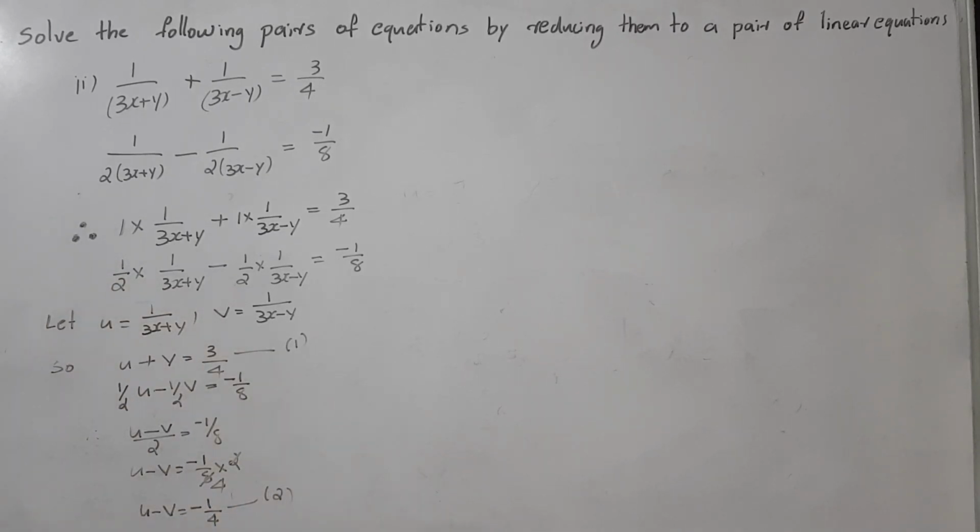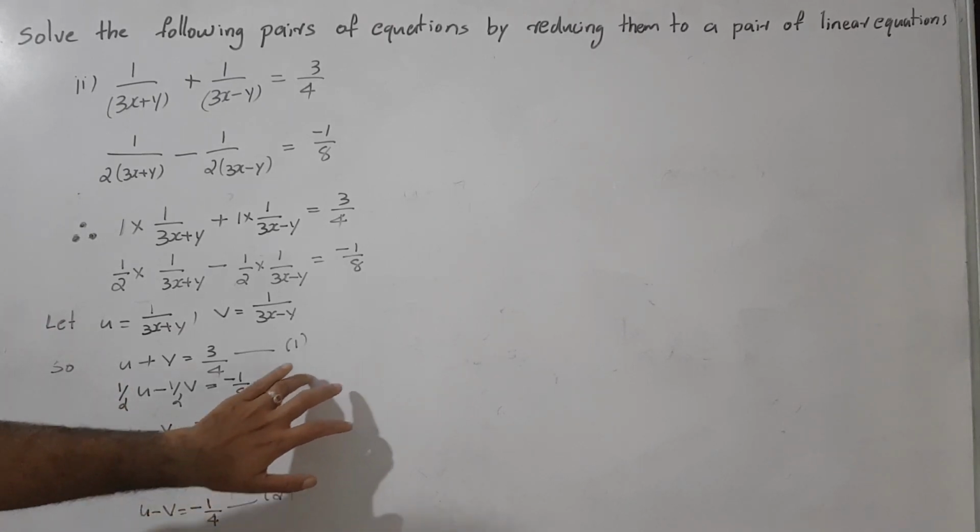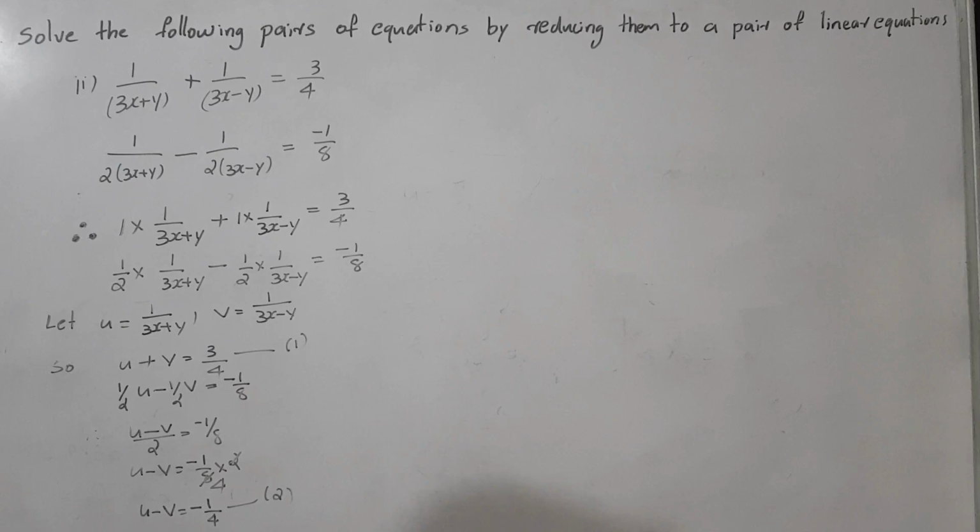Okay, it's not necessary to do this, but it is better to have the coefficient not in fractional form, because sometimes we have some difficulty to do the subtraction or addition. That is why we make the coefficient a whole number. Clear? If you use this same idea, you make equation 2 like this, then it is also possible to do the work.